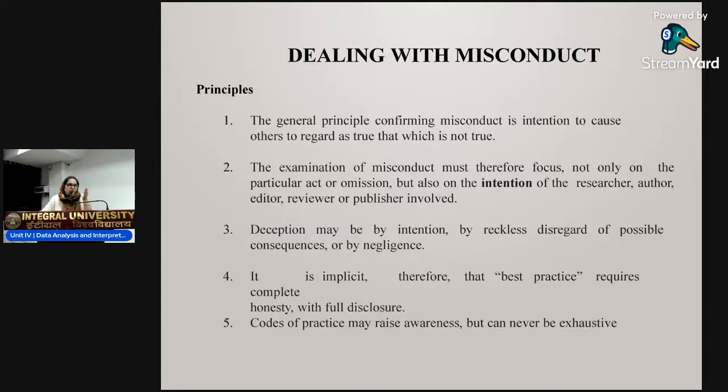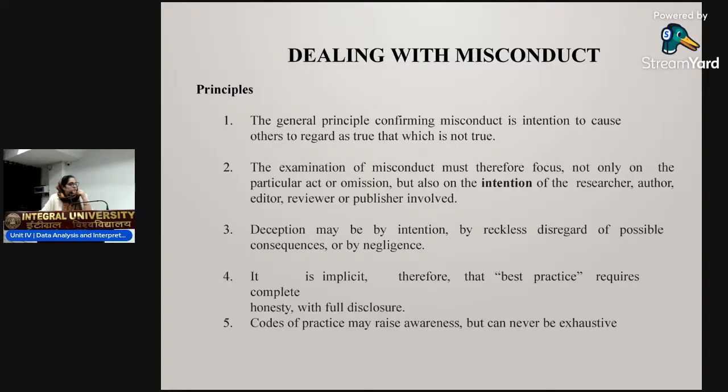So the committee has to act fairly. They do not have to assume that the person is guilty. The person is innocent until proven guilty. In every case, whether it's research misconduct or any other misconduct, the person is innocent unless proven guilty, right? So here also we will apply that principle.